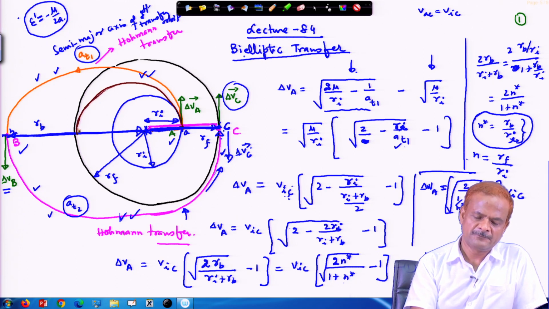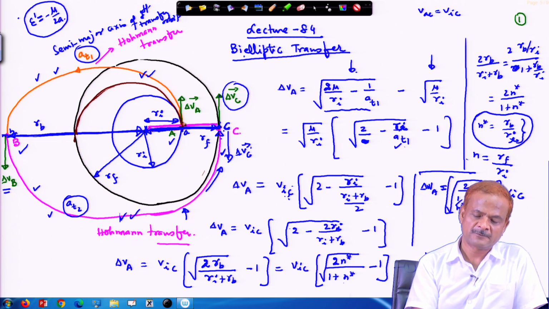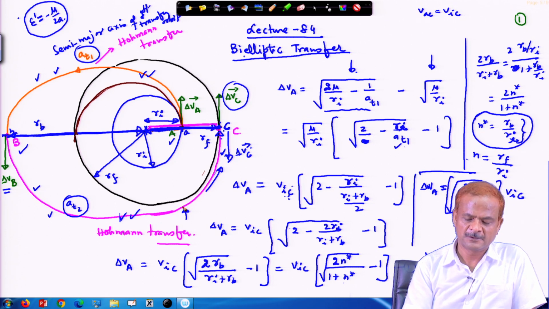That time will be much smaller, and to come to this, only half of this time extra is required. So, you require extra time to travel to this point and again extra time to travel along this one.